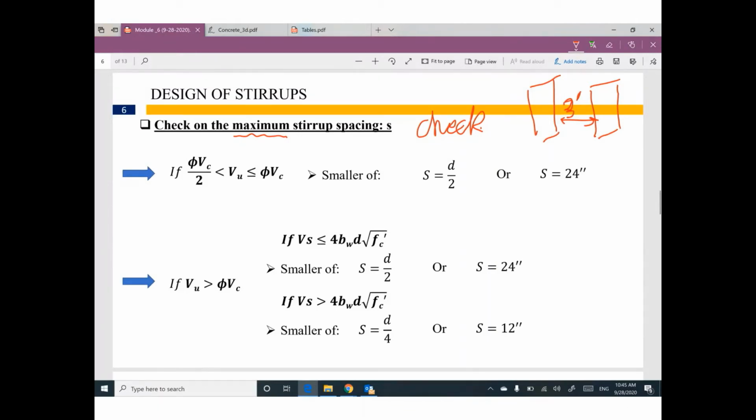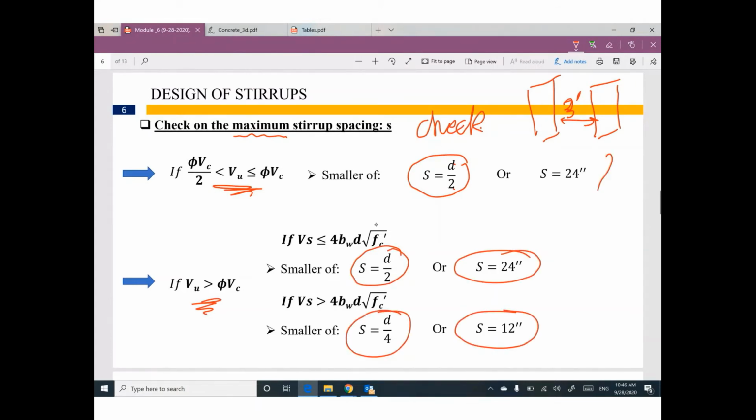You have to respect it. You cannot exceed this limit. For example, your maximum spacing is the smaller of depth divide 2 or 24 inches. If you are in this case, we have this maximum spacing, or in that case, that maximum spacing. We will check these during our first example.